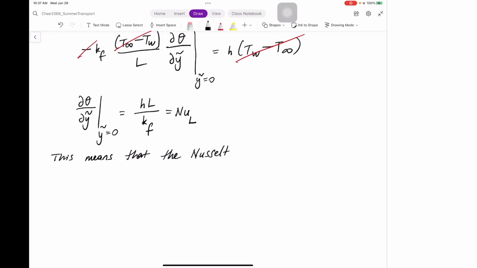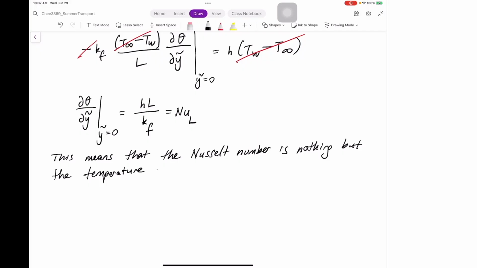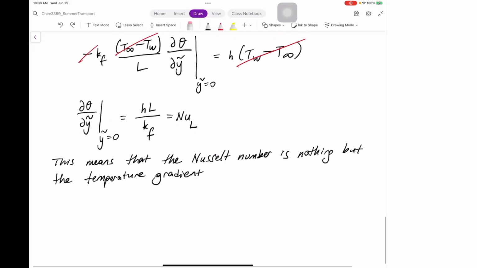This means that the Nusselt number is nothing but the temperature gradient, because this is a temperature gradient, but in non-dimensional form. The gradient at the wall in dimensionless form.